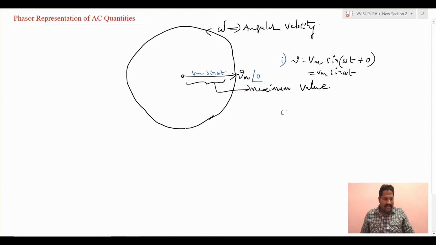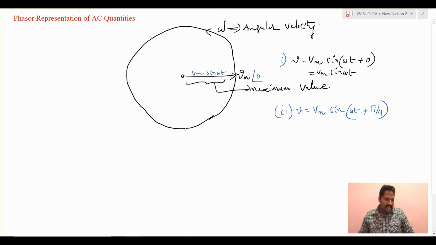If I want to represent V equal to Vm sine omega t plus pi by 4, here the phase difference is there. The phase difference is nothing but pi by 4, that is 45 degrees. How can I represent this waveform as a phasor?